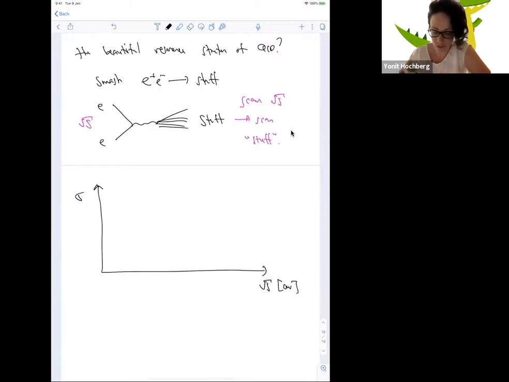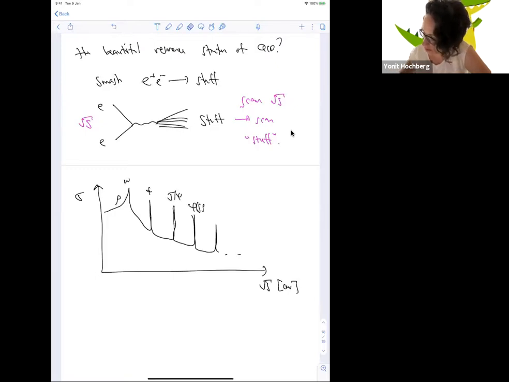We have some cross section, and here's our rho, and our omega, and our phi, and our J/psi, and psi 2S, and upsilon, etc. This is the whole structure. This is how we've seen it.